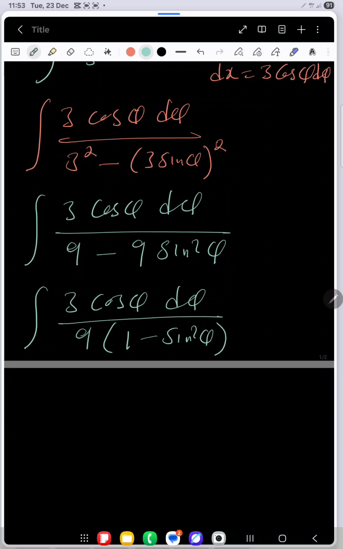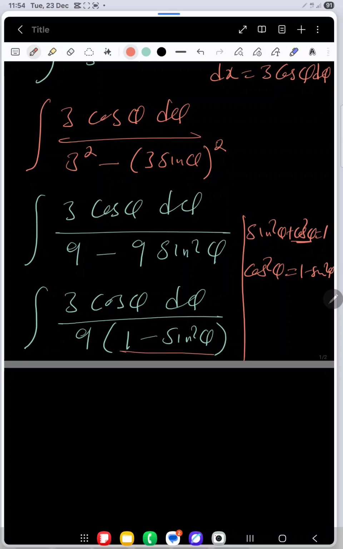It must interest you to note that when you have 1 minus sine squared theta, according to the Pythagorean identities, sine squared theta plus cos squared theta is equal to 1. So if you make cos squared theta the subject, you have cos squared theta is equal to 1 minus sine squared theta. So instead of maintaining the 1 minus sine squared theta, we can simply replace it with cos squared theta. That's what we are going to do.